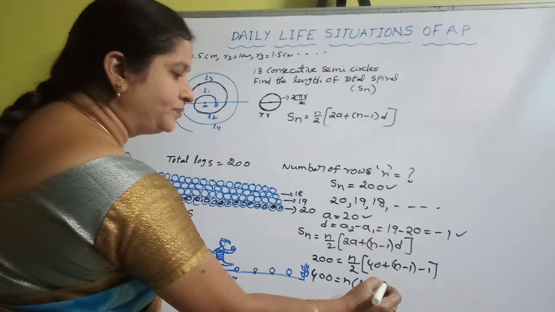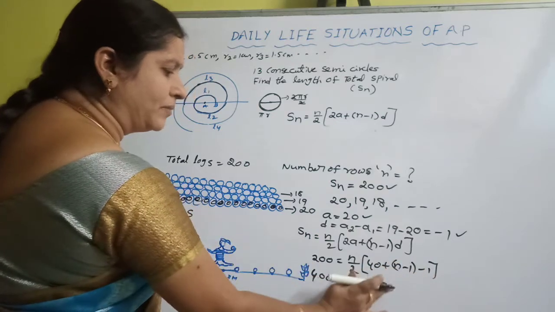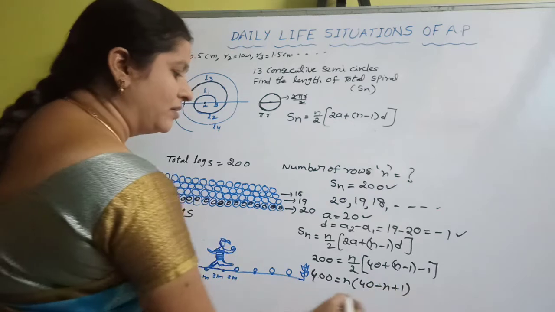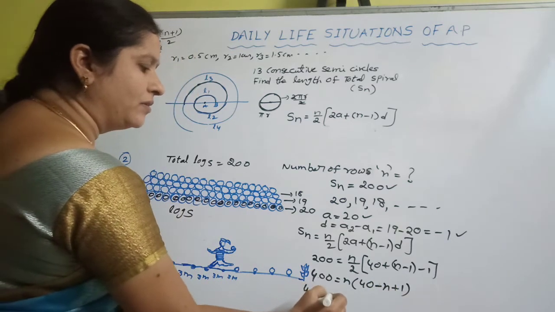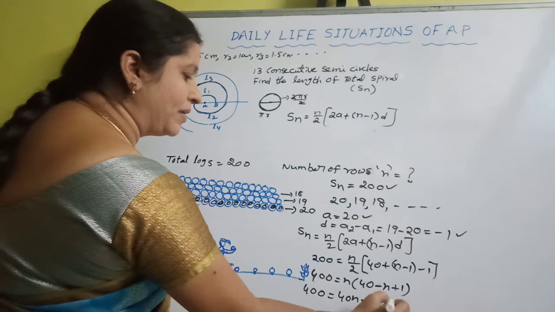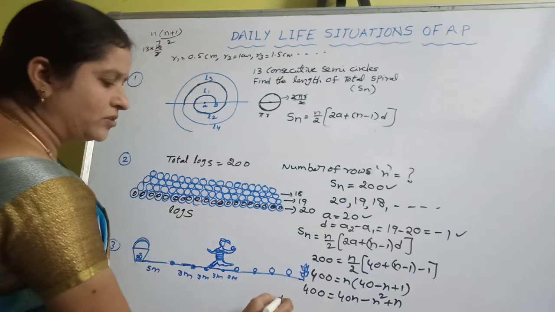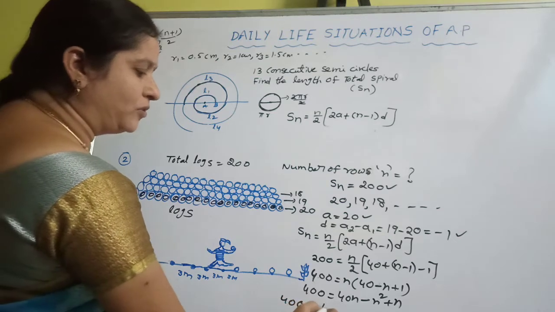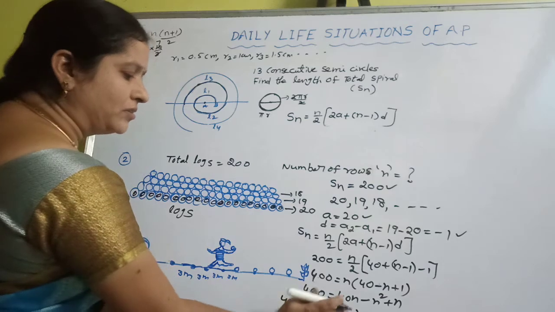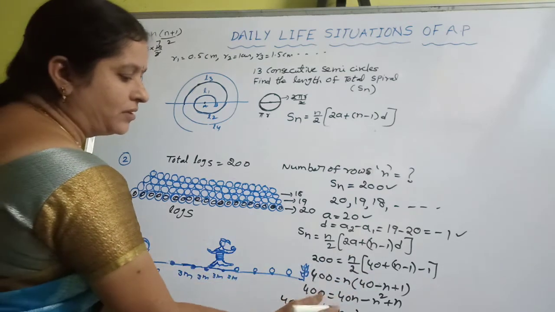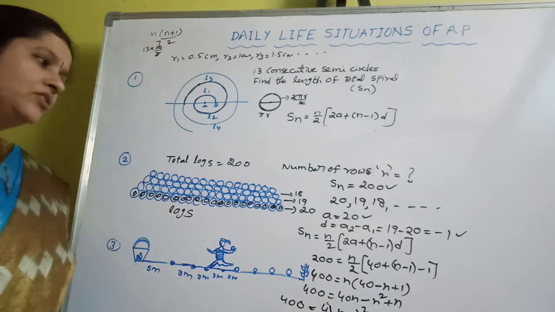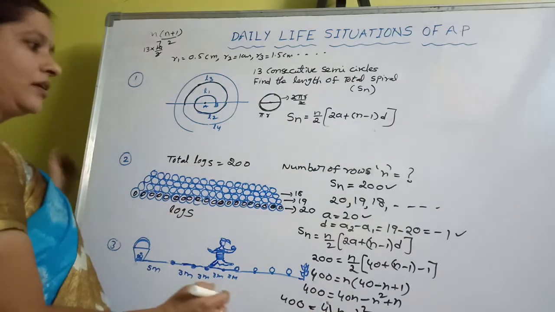So 400 equals 40n minus n squared plus n. So 400 equals 41n minus n squared. We got a quadratic equation.